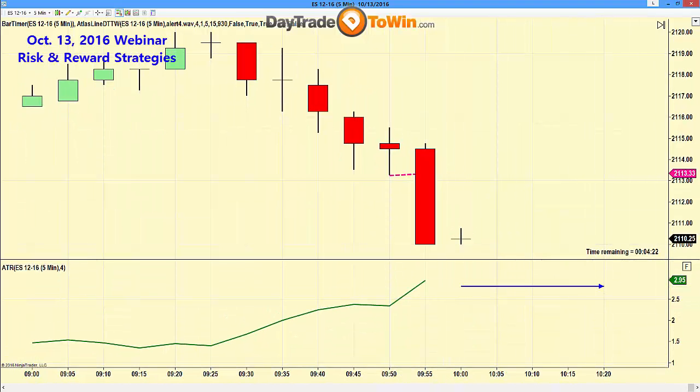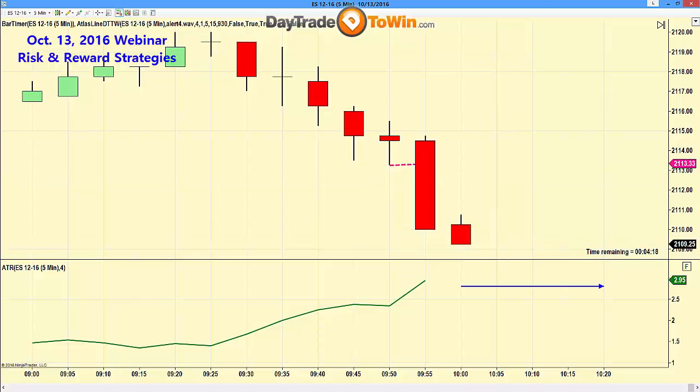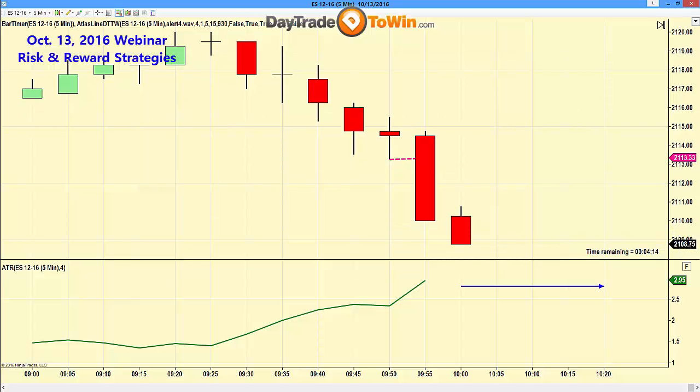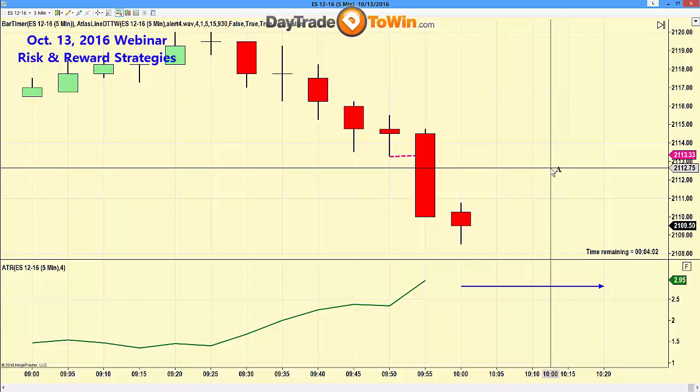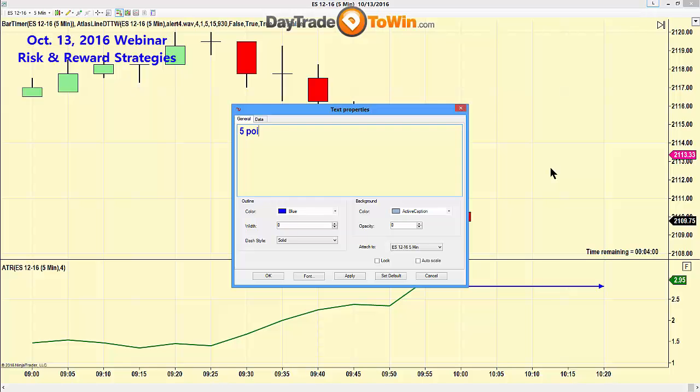So if I do place a trade, it has to be more than a 3 point stop to even stay in the trade. If you have a 1 point stop under these conditions, expect to just get knocked out and run over. So risk is very important, and never risk more, in my opinion, than 5 points on any trade.